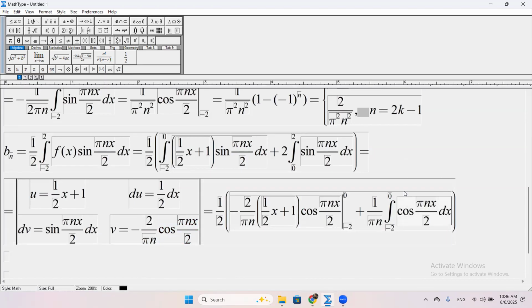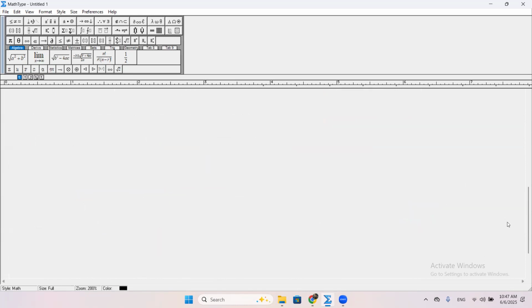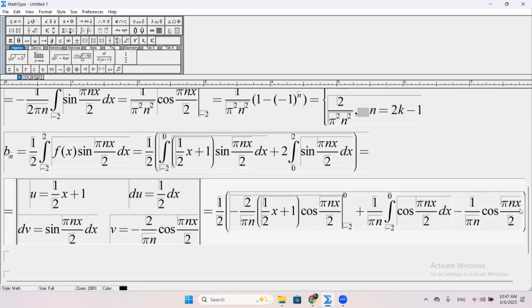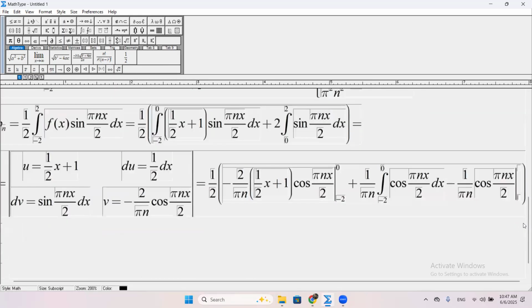So done with this first integral, and what about the second one? Minus 2, so minus 1 over pi n cosine of pi nx over 2 with substitutions from 0 to 2.